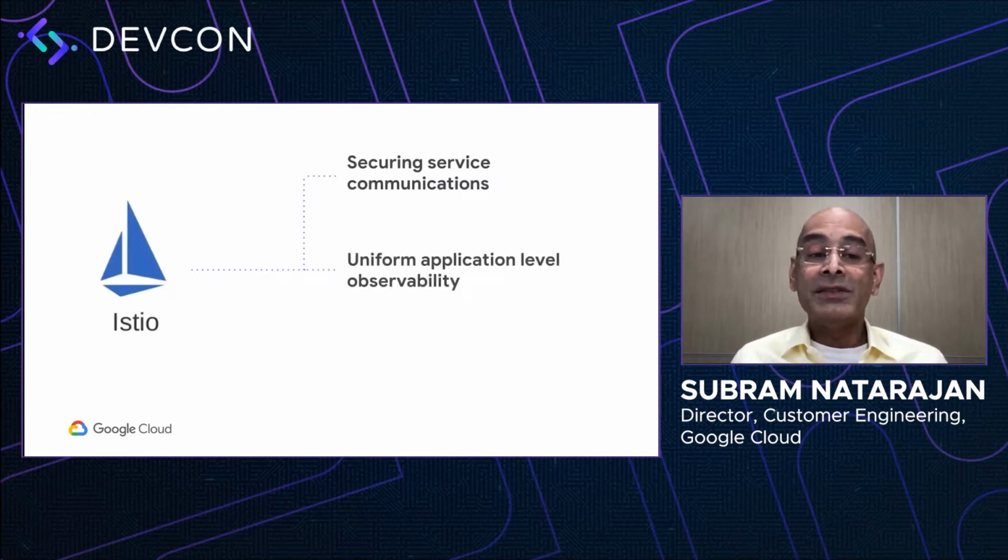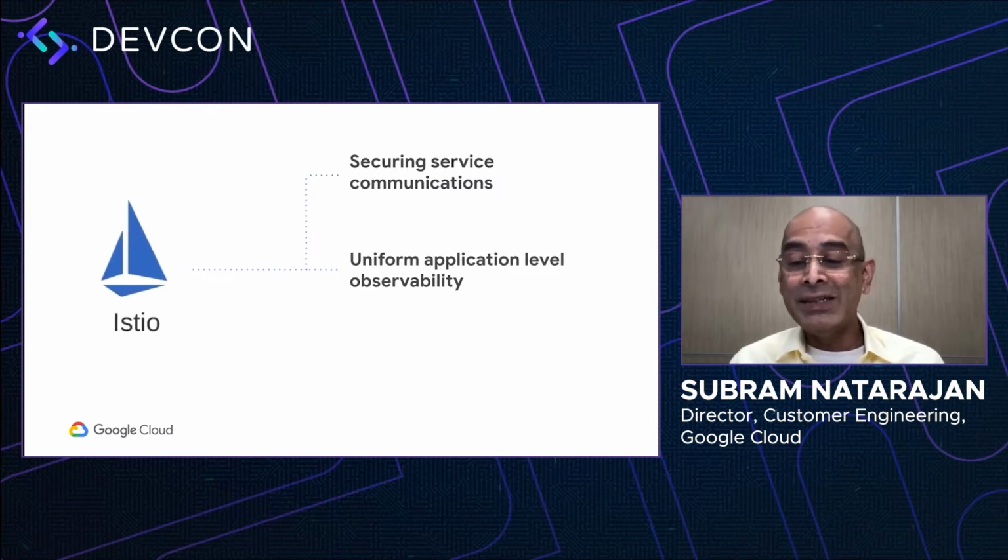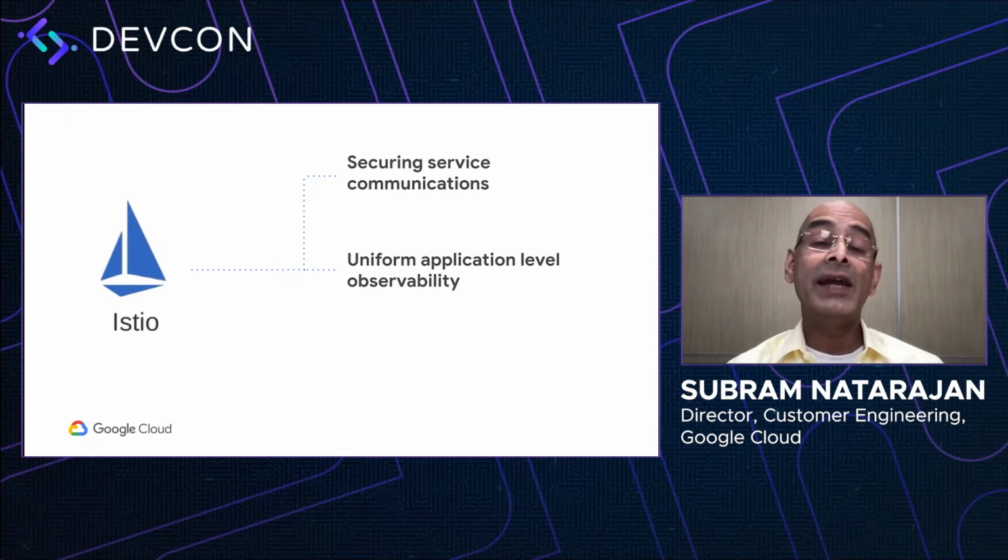Now, the second thing that Istio does very well is application-level observability. There is a uniform observability across the board it brings about. And this includes key metrics such as traffic, error rates, latency, and so on. And when you talk about call logs in and out of services, Istio becomes an essential element.